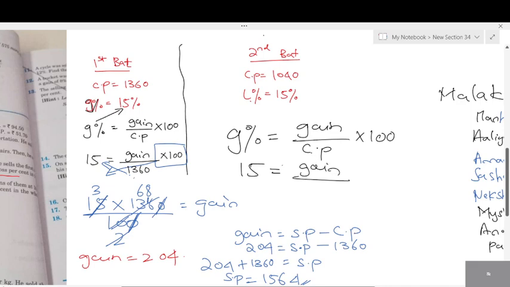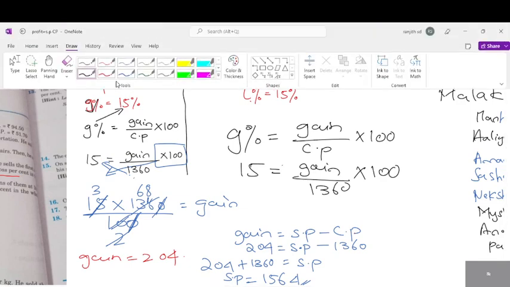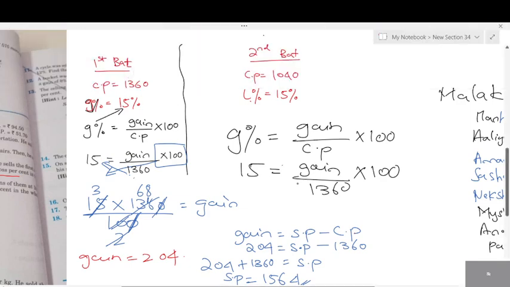What are the things given? Cost price given, into gain percent. Now tell me, which is missing here? What value is missing? Except gain, everything has a number, right? So we need to find what? Gain. What happens to 1360? How are gain and 1360 related? Division.